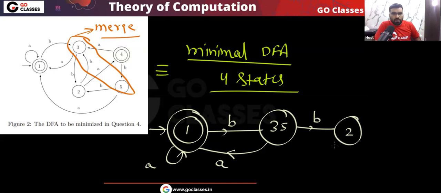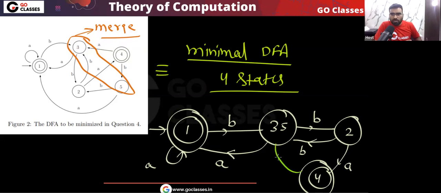From state 2 on B we will go here, and on A we will go to state 4. From state 4 on A, B we will go to 3,5.